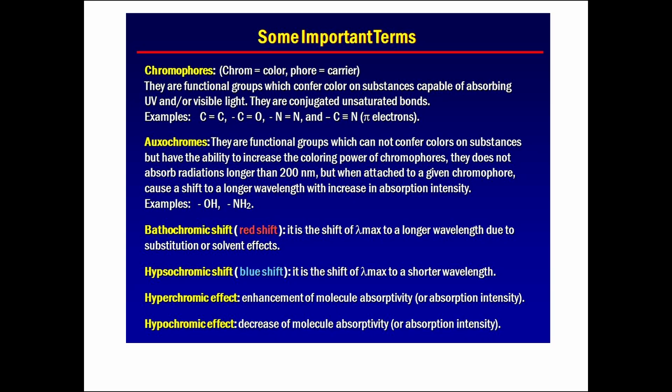If the absorption is very intense, it is called hyperchromic shift. If the absorption is lower, it is called hypochromic shift. In other words, the hypochromic shift gives very pale or lighter colors, and the hyperchromic shift gives intense or dark colors.